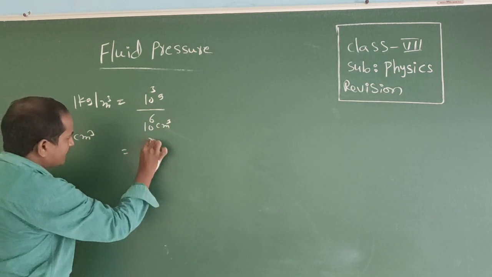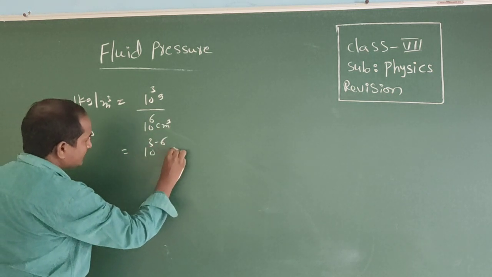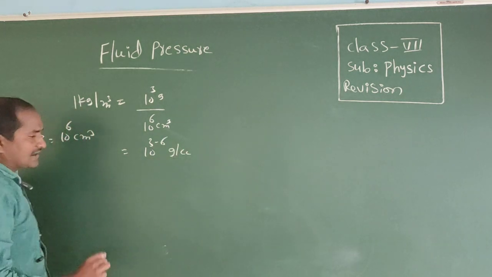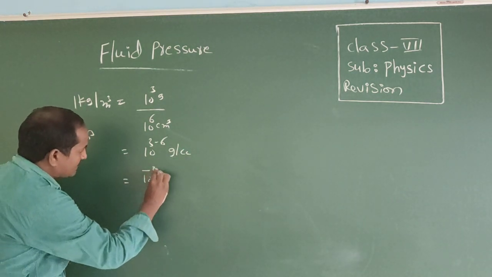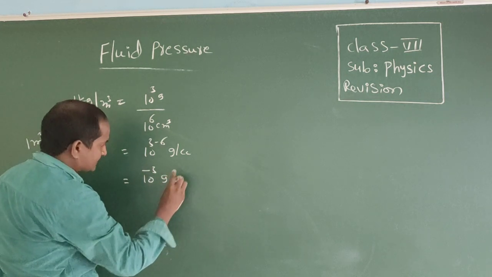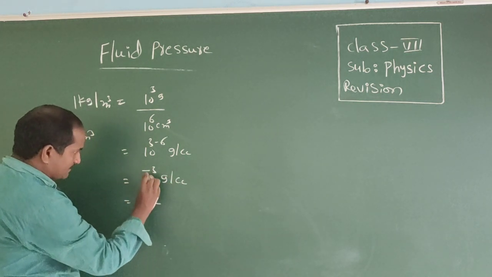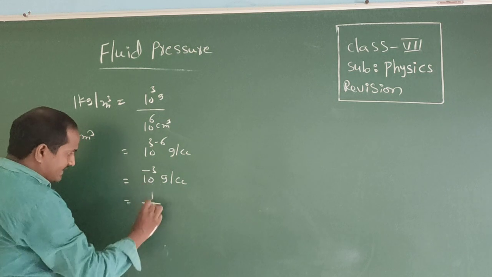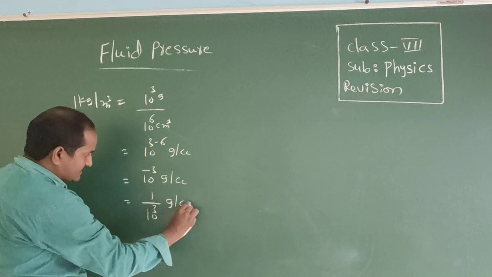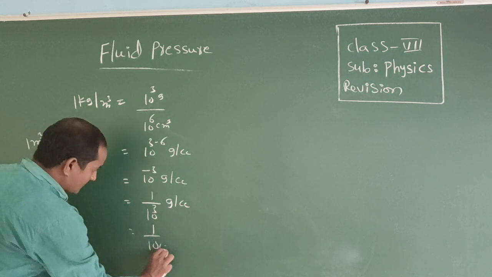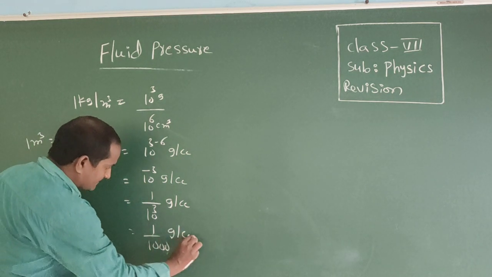So 10 power 3 by 10 power 6 gram per cc equals 10 power minus 3 gram per cc, that is 1 by 1000 gram per cc.